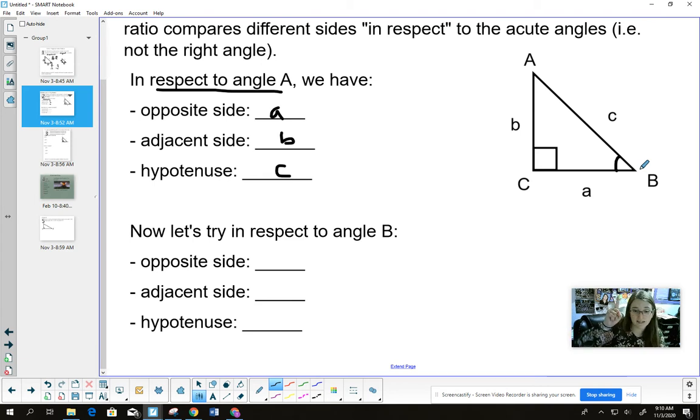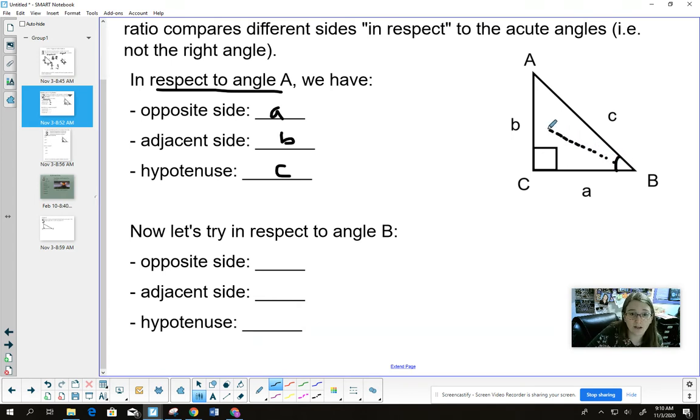because now my opposite and my adjacent are going to be different. So try a moment. We have B, A, and C to name: which is the opposite to B, the adjacent, and the hypotenuse. Let's try opposite first. Here's B. What side is opposite, through the triangle, to capital B? Little b.